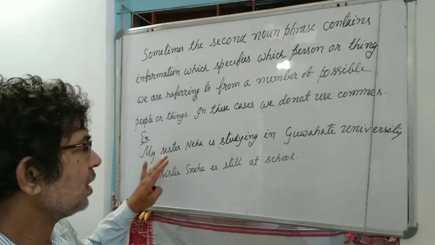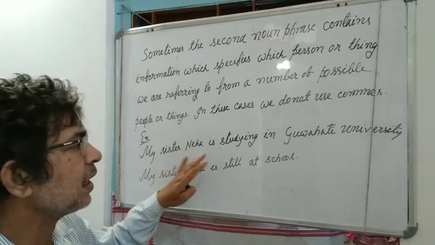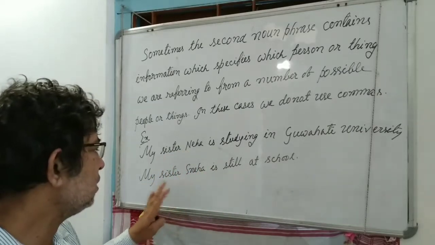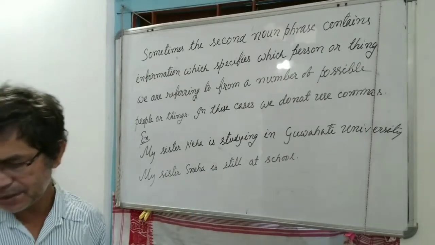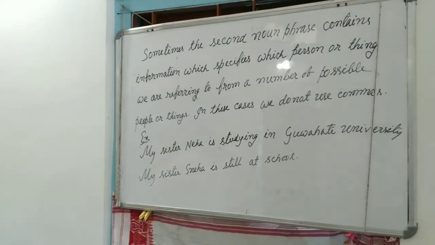So the person can express this: my sister Neha is studying in Guwahati University, my sister Sneha is still at school. It means the speaker has at least two sisters, and by adding my sister Neha, he is speaking about Neha.